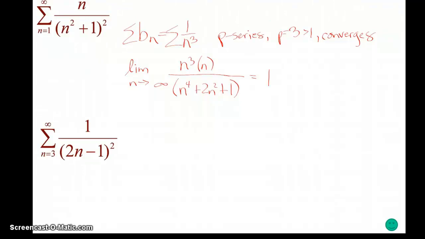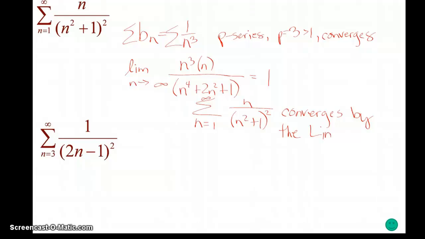That's acting like 1. That's a good result for us. So the original series, n over the quantity n squared plus 1 squared, converges by the limit comparison test.